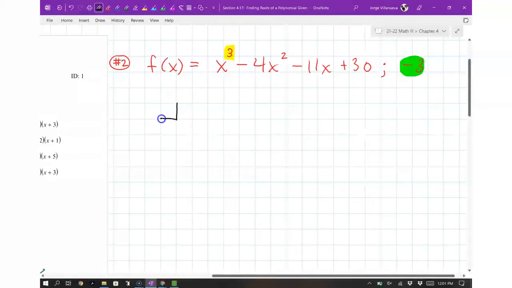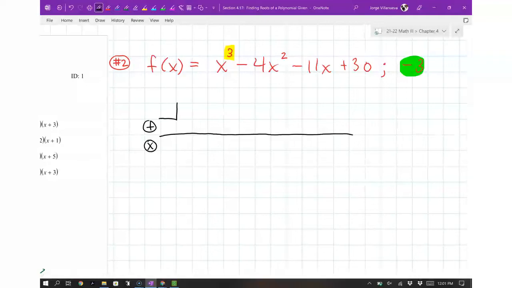Let's do synthetic division. So remember, we add, we multiply. Now the answer that they gave me of -3, that's what I'm going to put in the half square, so -3. There it is. Now I'm going to put my coefficients after that.